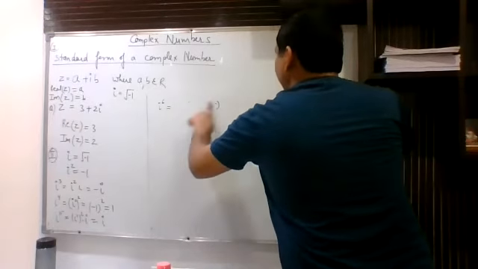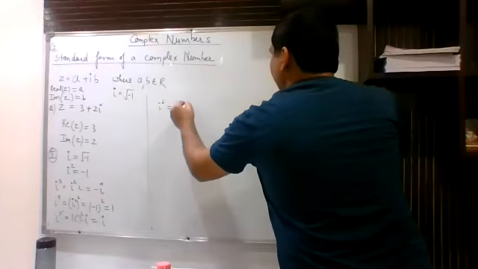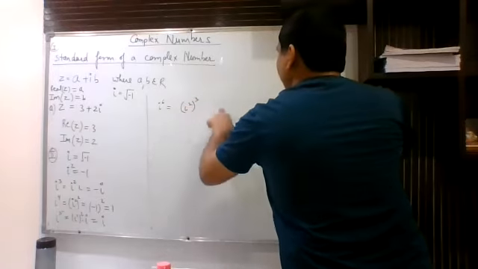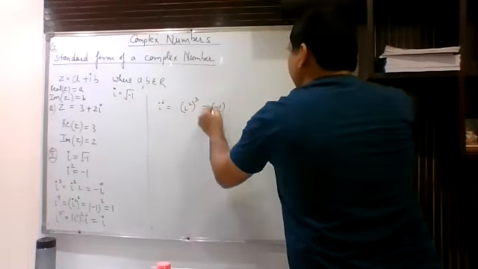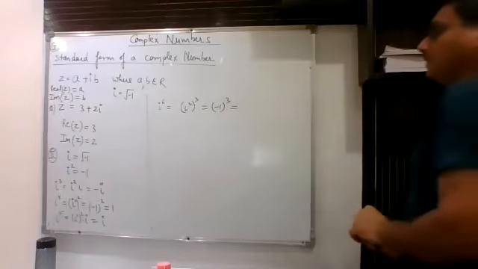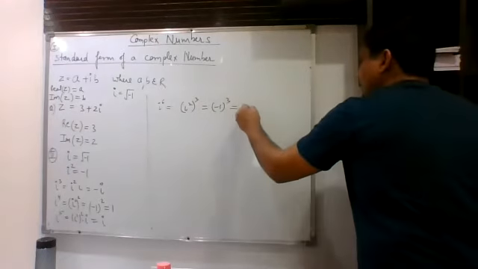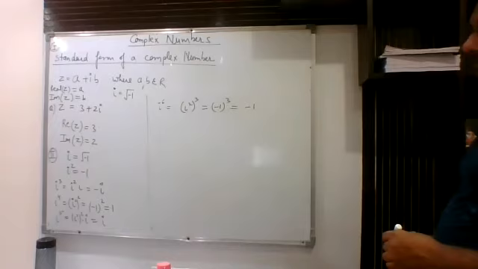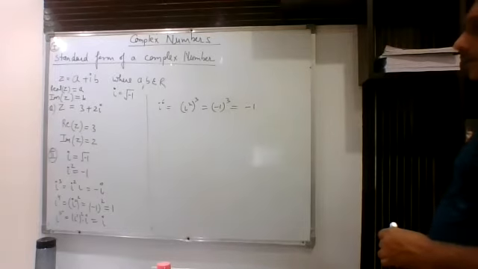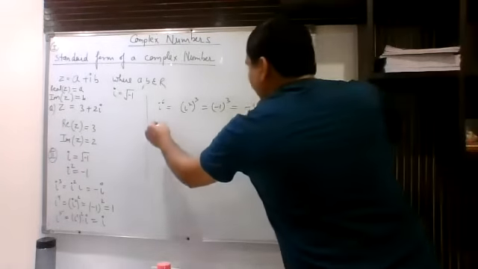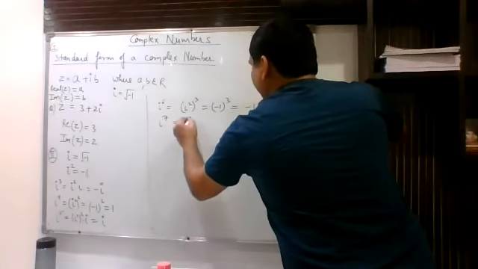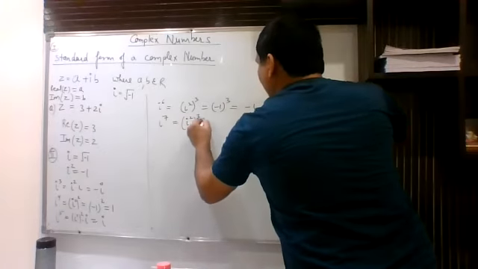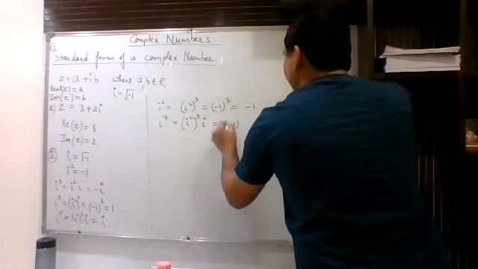Or you can say this can be written as i square whole cube. Now if you calculate, this is -1 whole cube, so that will be simply equal to -1. Now, if I want to find the value of i to the power 7, that can be written as i square to the power 3 into iota, which is -1 into iota.